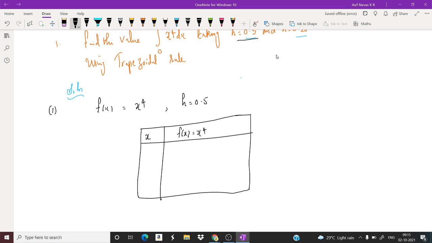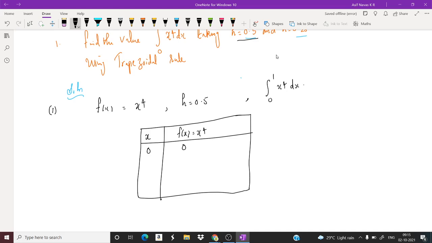Here h is equal to 0.5, and we have to integrate from 0 to 1 of x raised to 4 dx. The first x value is 0, and f(0) is 0 raised to 4, so that is 0.